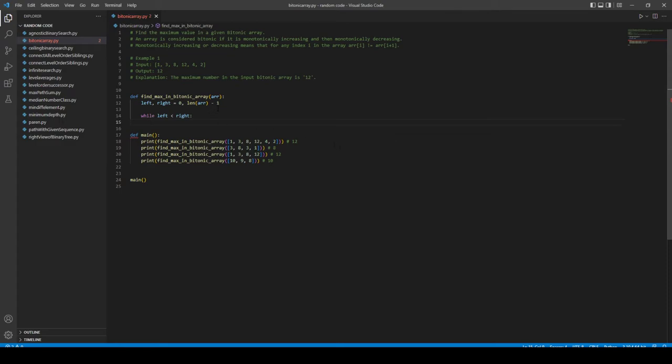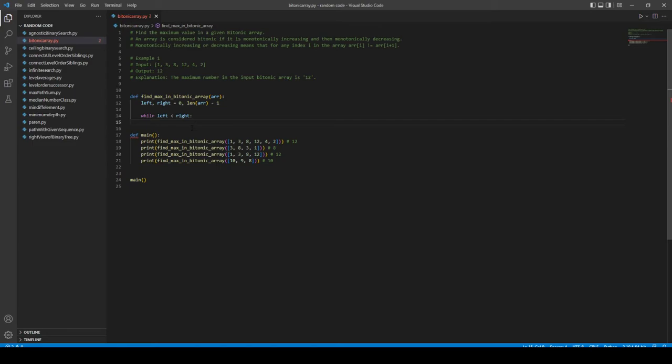If we do the while loop while left and right are equal to each other, we could potentially end up screwing up our answer.